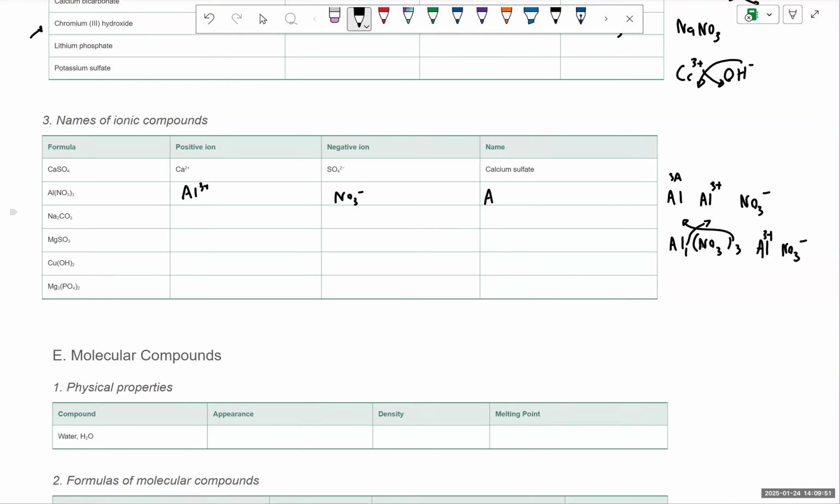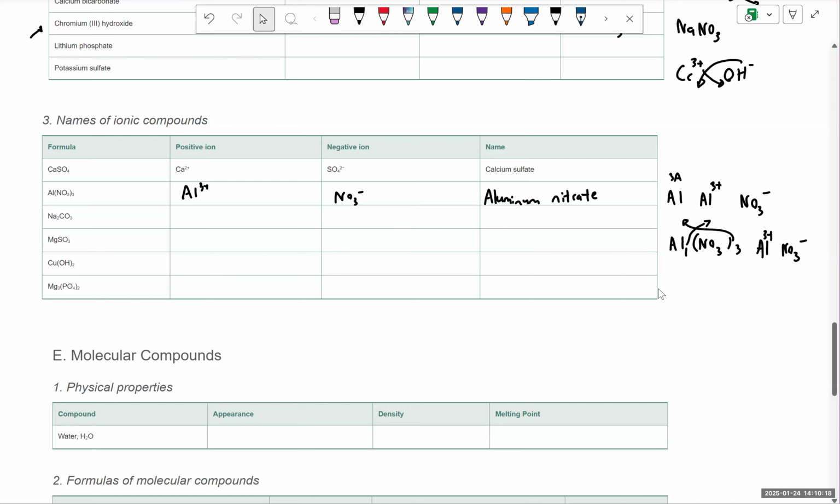You don't adjust the anion suffix for polyatomic ions. So this would be named as aluminum, and then we name NO3 minus as nitrate. So you just write the name of each ion in order. So with that example in mind, you'll complete the remainder of this table.